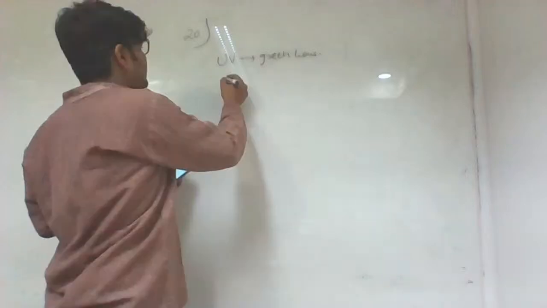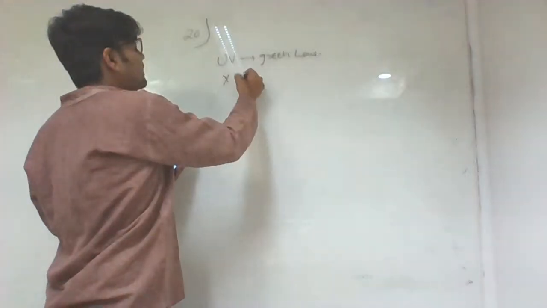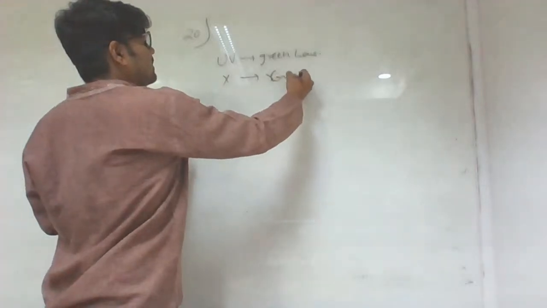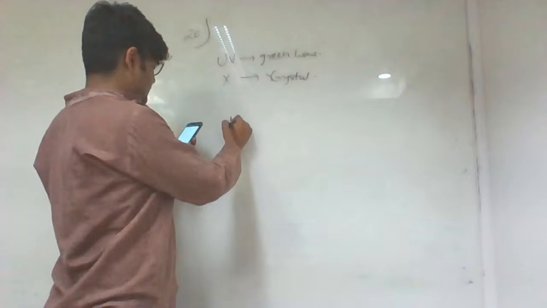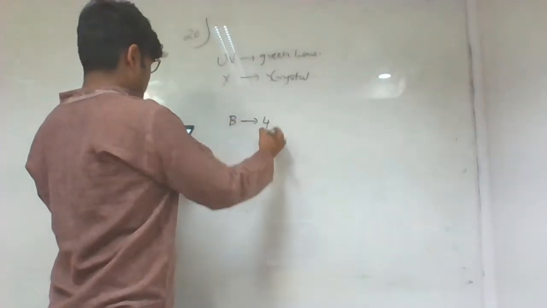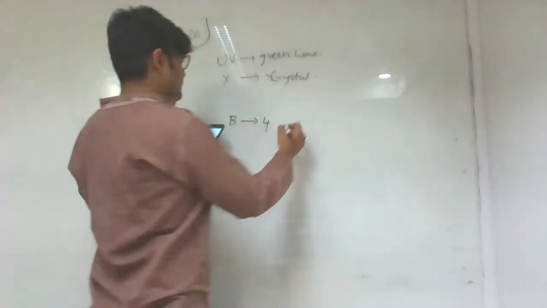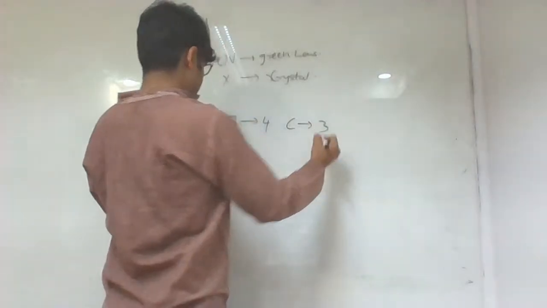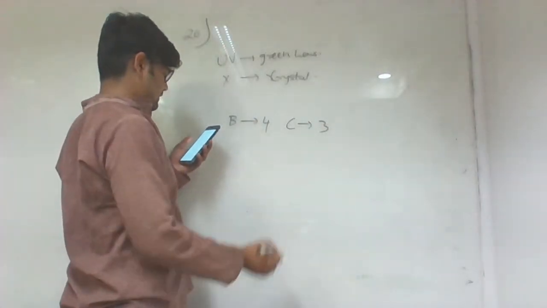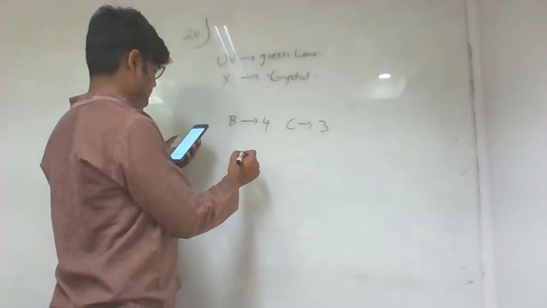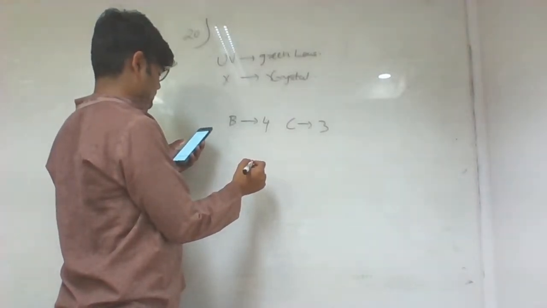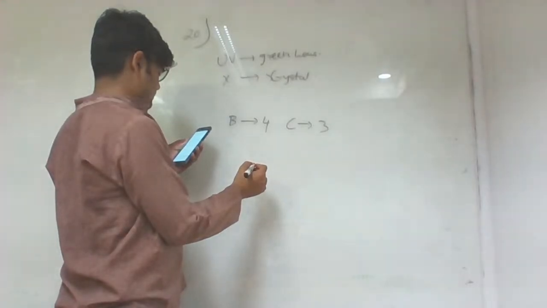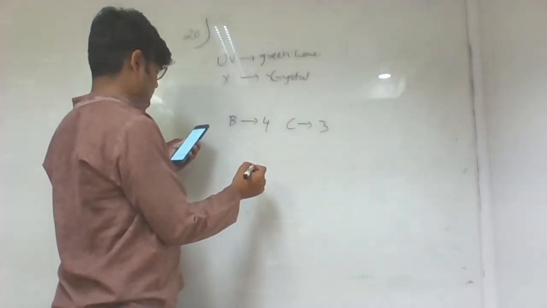William D. Bragg, William H. Bragg. X is for crystal. So what do we know? B is 4 and C is 3. B4, C3. Option number B3.